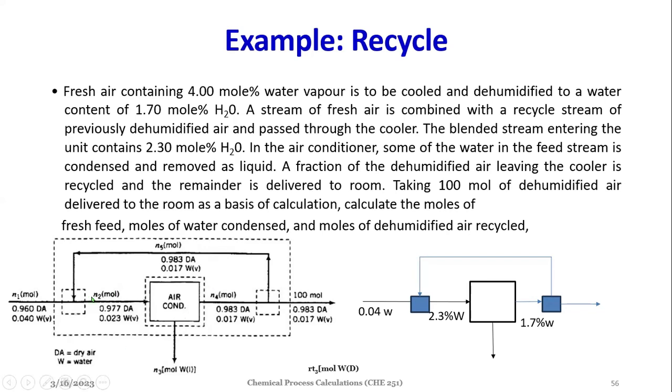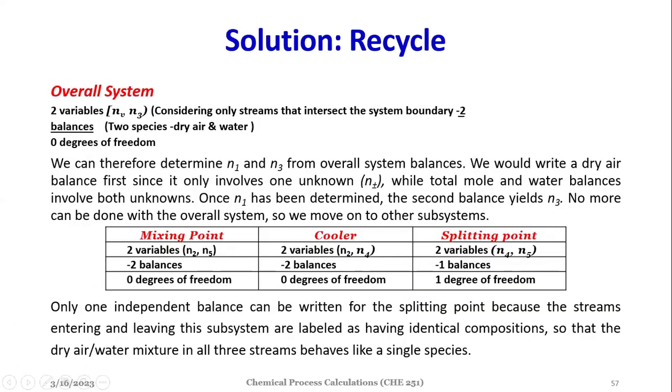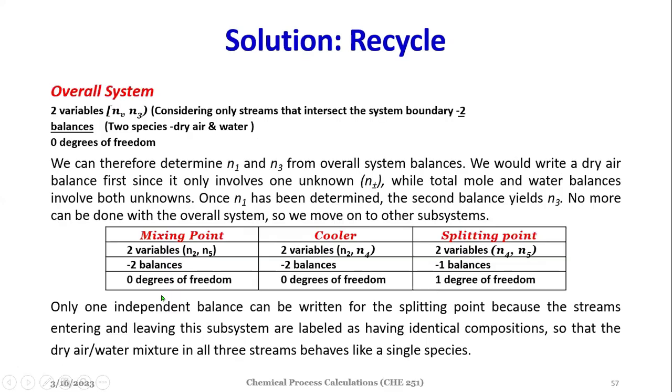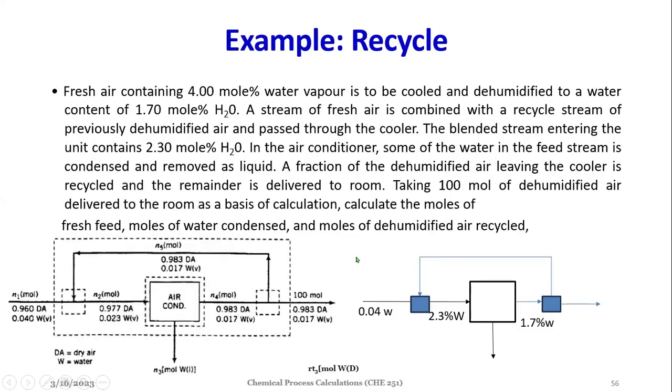Now, my number of unknowns is N2, N4, and N3, and the number of components I have there is 2. So it's supposed to be 3 minus 2. So we can't just solve for the air conditioner as it is. I think we'll have to check this part again because N3 is also unknown. We don't know the amount unless it was stated in the question.